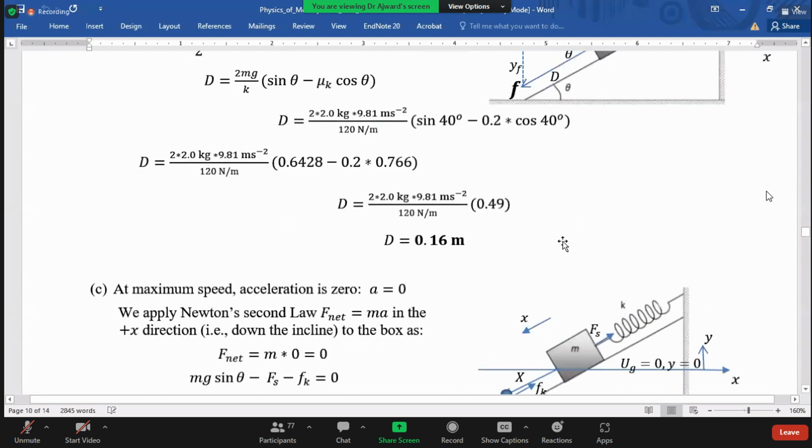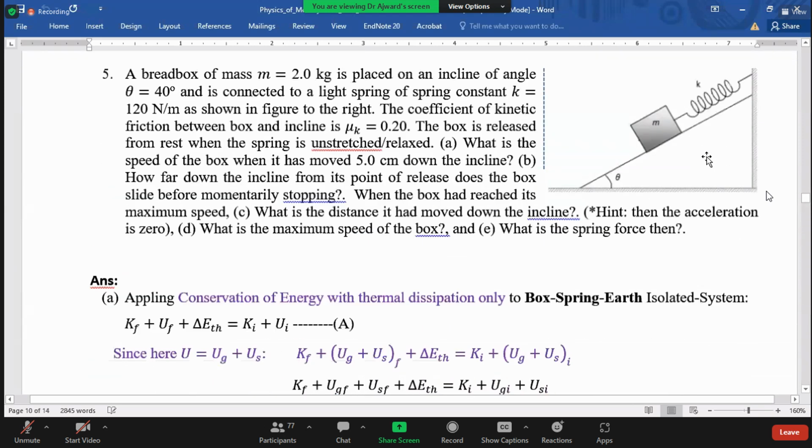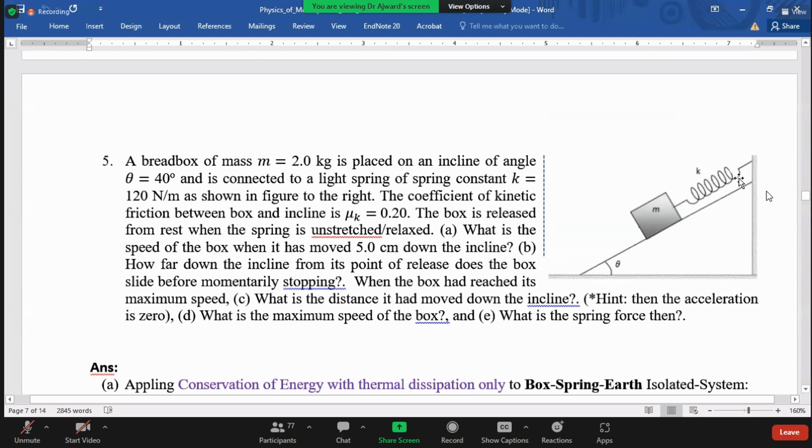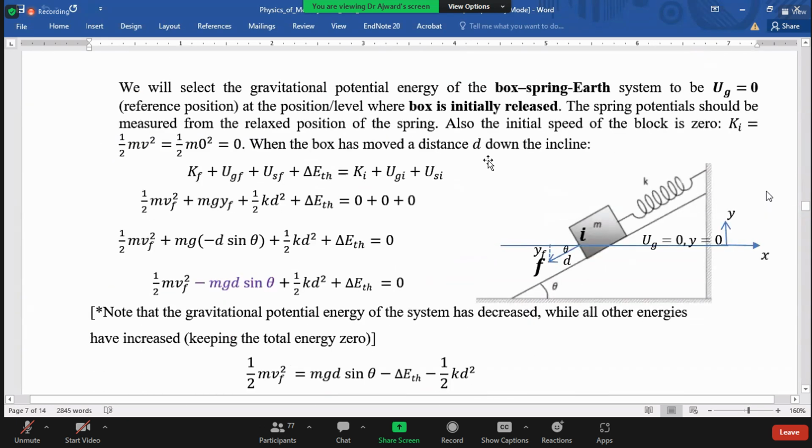Also, question number 5 is a bit similar problem, but here the spring is attached to the block, a box in this case, bread box. You can go through that also.